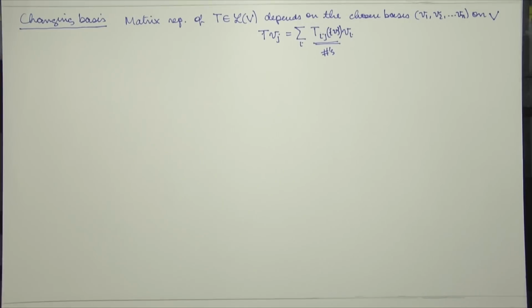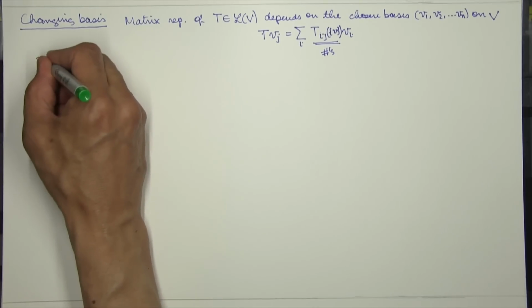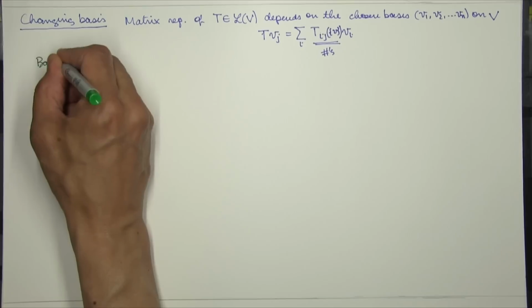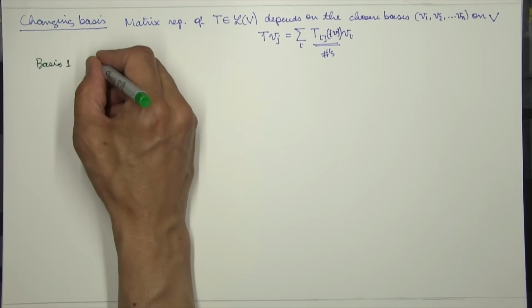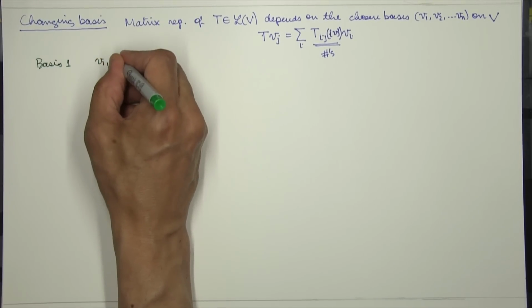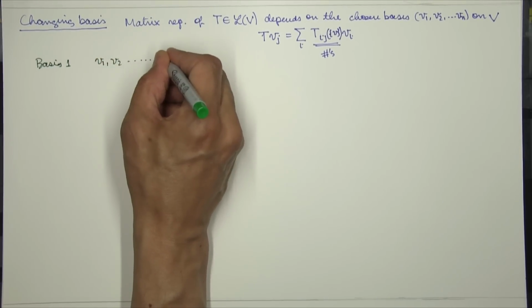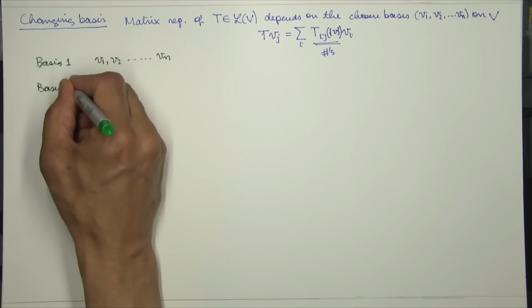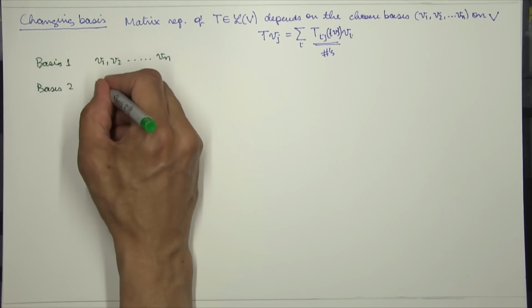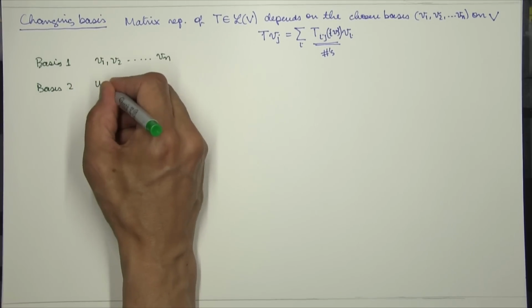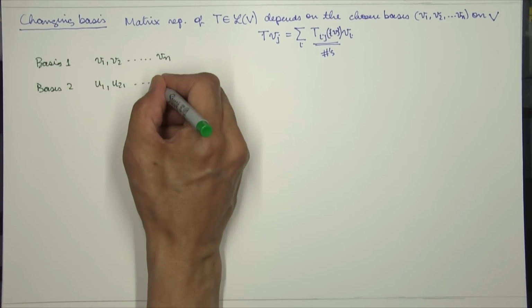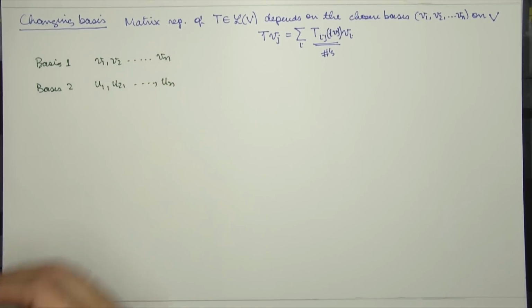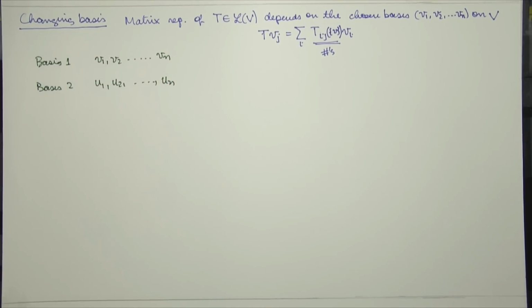So what we want to deal with now is the possibility that you have two bases. Basis 1 made up of vectors V1, V2 up to Vn, and basis 2 with basis vectors U1, U2 up to Un. And we will have two operators.